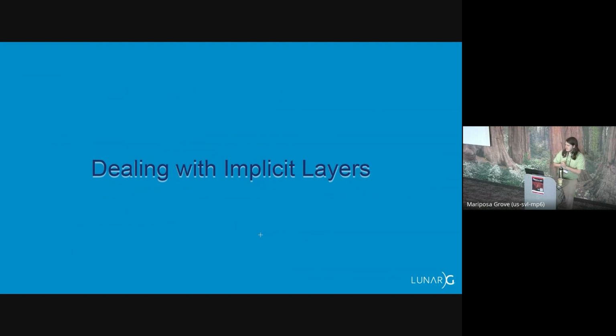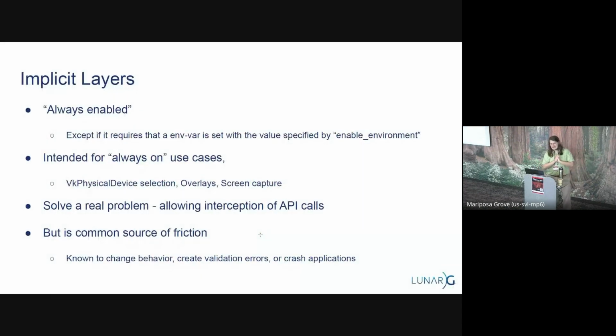So implicit layers, we talked about how to load layers. Well, implicit layers are always loaded, and always enabled can sometimes be the wrong thing to do. I want to add a little detail that there are two types of implicit layers. There are always enabled implicit layers, and there are almost always enabled implicit layers.